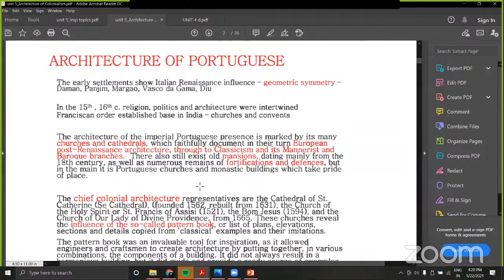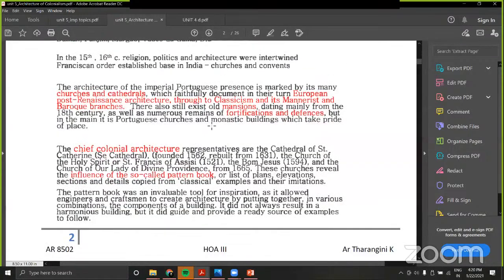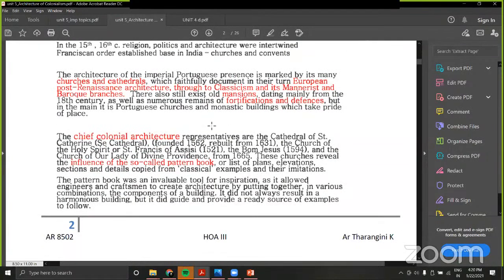Basically, in the Portuguese period, they started building fortifications. For example, you all know the Great Wall of China, right? That is a fortification, a defense structure. That kind of thing came to India in the Portuguese period. The churches got influenced by the Baroque style.